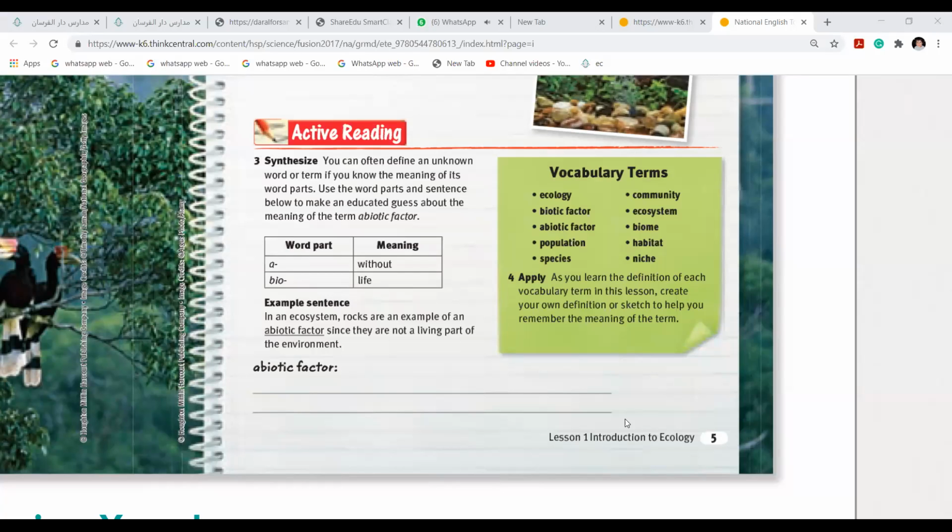Did you write all of them? Ecology, biotic factor, abiotic factor, population, species, community, ecosystem, biome, habitat, nature. Finished writing, girls?